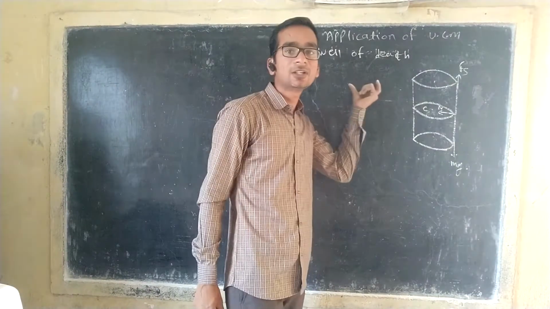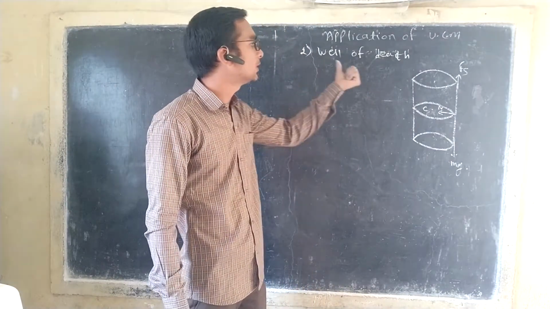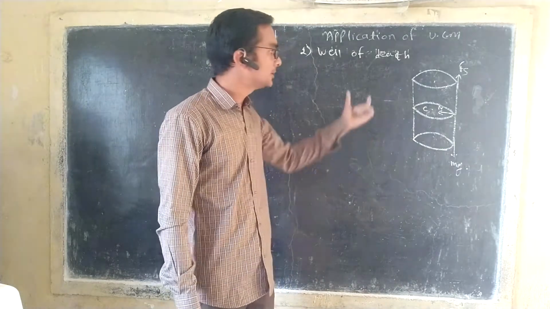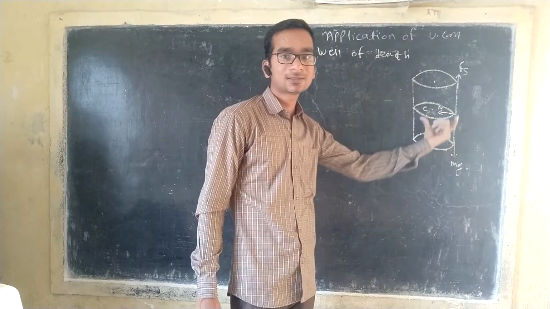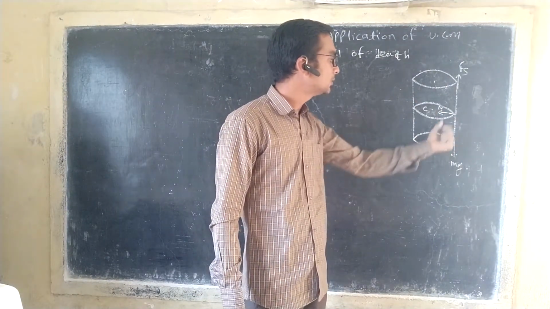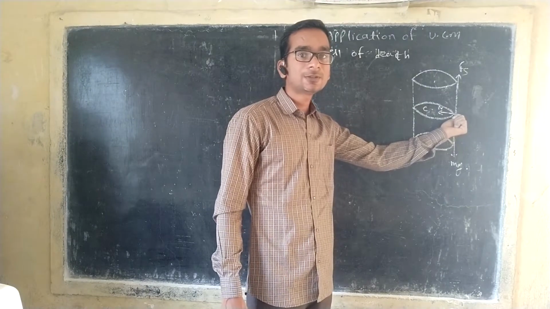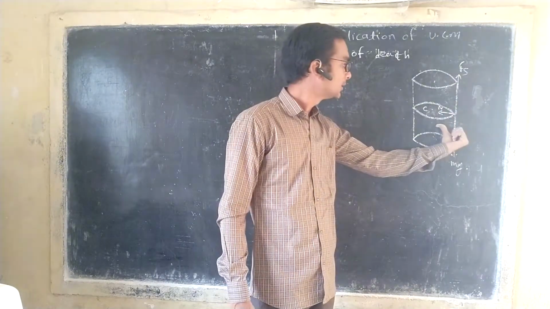Now the second application of uniform circular motion we are going to study is the well of death. The shape of the well of death is like a cylinder, so I have drawn this. Now the vehicle is performing circular motion in this well of death.